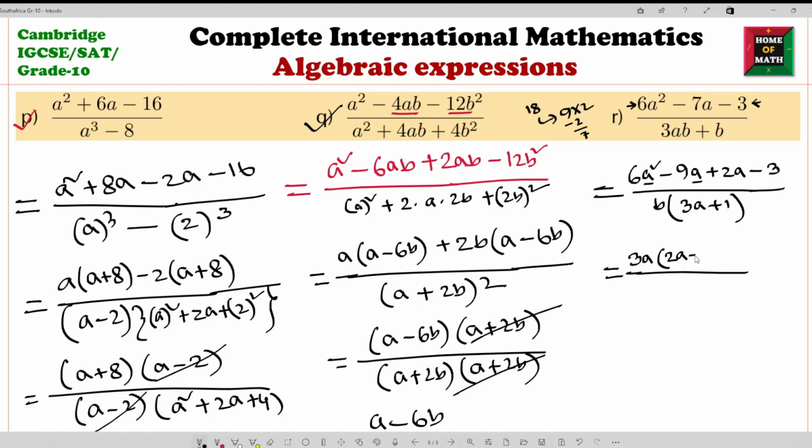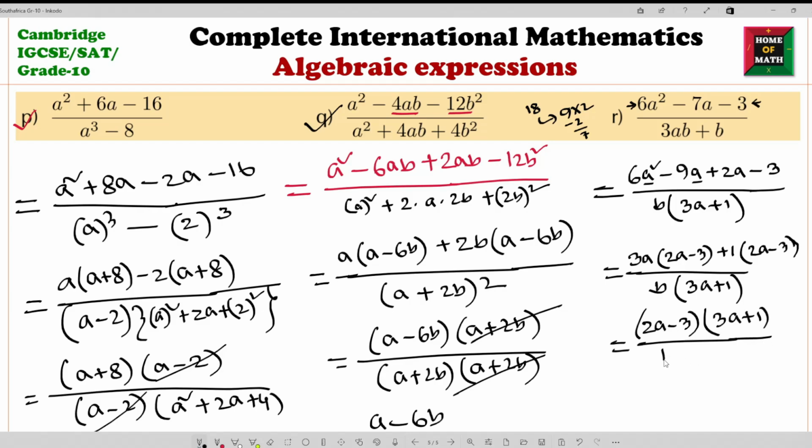So 2a minus 3, and here is plus 1 common, so 2a minus 3, divided by b times 3a plus 1. So we can take common 2a minus 3, and then 3a plus 1, divided by b times 3a plus 1. So 3a plus 1 and 3a plus 1 out, and our answer is 2a minus 3 divided by b. So number R is done.